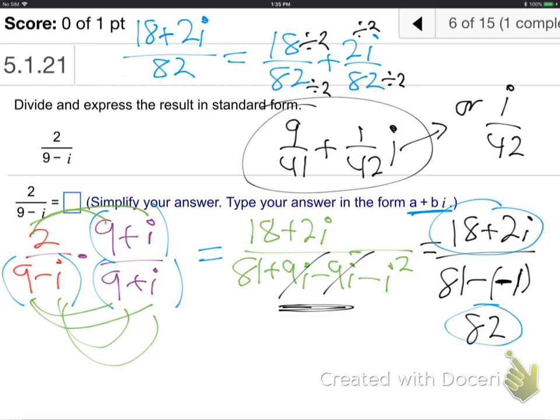Is everybody good to there? Is that making sense? That's the way they'll take it. Why do I say it's okay? You can either put the i in the front or the top. Are you guys aware of that rule? That could be an x for all I care. It's the same rule.